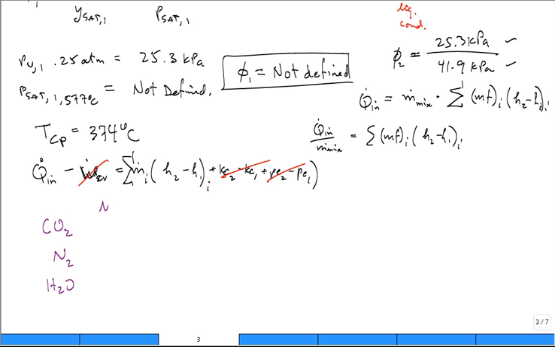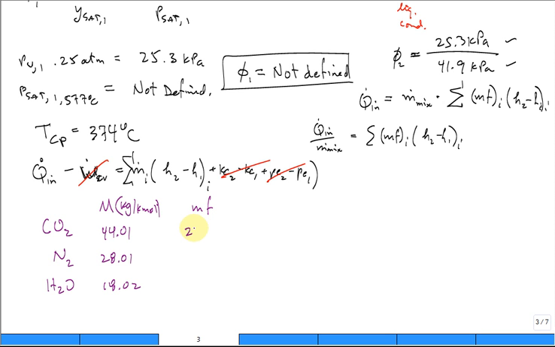You just kind of make the table like we've done before. The units are kilograms per kilomole, and it's 44.01 and 28.01 and 18.02.